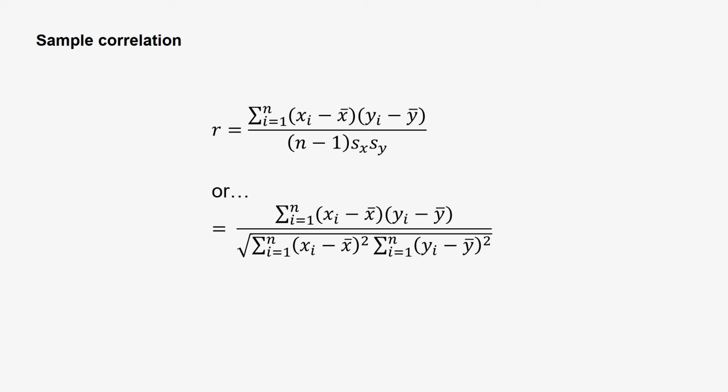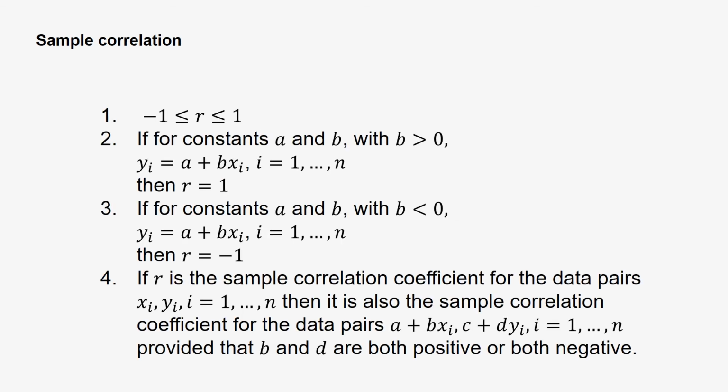Now, when R is larger than 0, we say that the sample data pairs are positively correlated, and when R is less than 0, we say that they are negatively correlated.